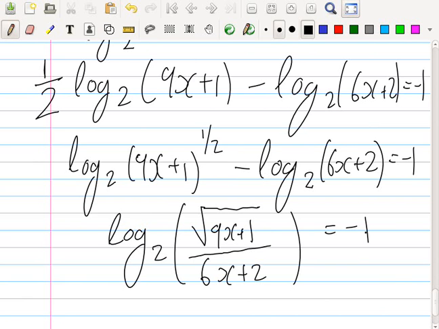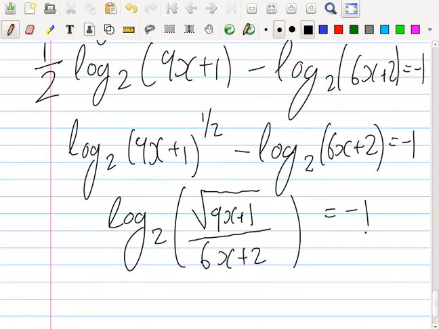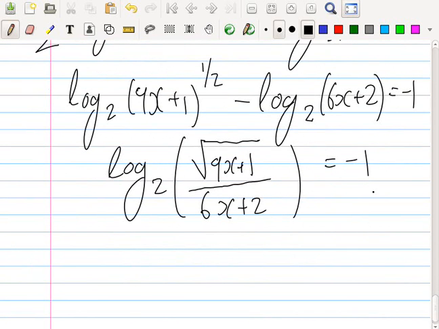Okay. Now, at least we have only one log, and that's actually good enough to continue. Because if you remember the definition of logs says that 2 to this power makes this.